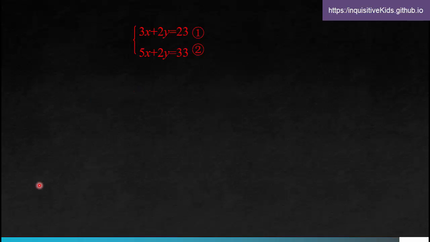In the last video, we learned all about the substitution method. Can you use the substitution method right now? You definitely could, but there is another way. First, we can convert equation 1 into x = (23 - 2y)/3. We can rename this as equation number 3.